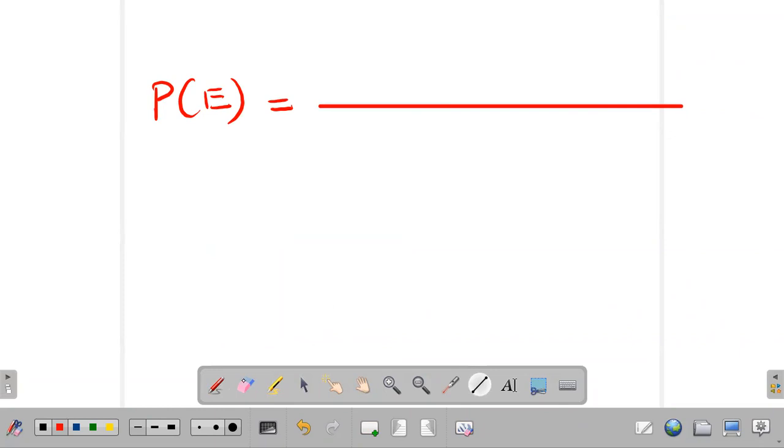Okay, now coming to the point, please listen carefully. The probability that an event E happens, P of E, is given by the classical formula.